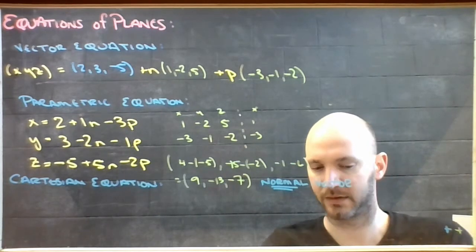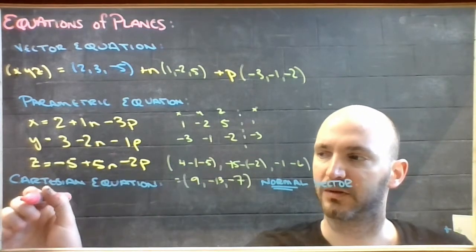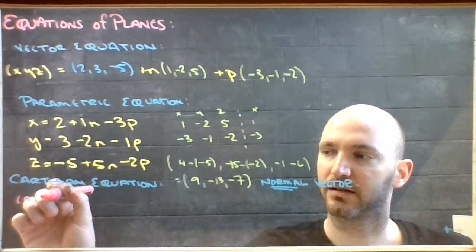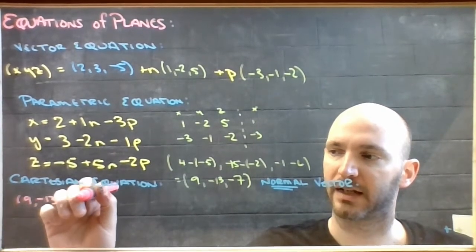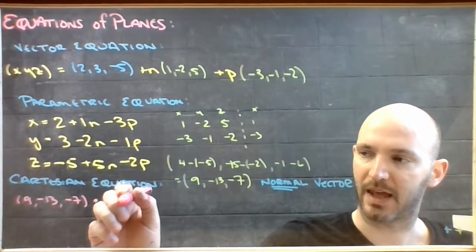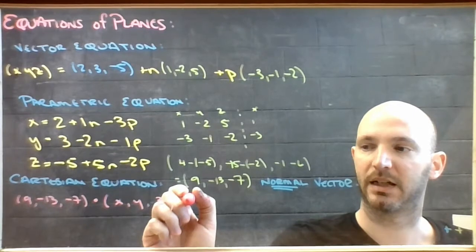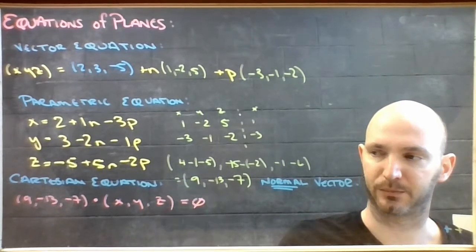There we go. So if I were to take this normal, 9, comma, negative 13, comma, negative 7, and dot product it with every vector in the plane, I should get 0.